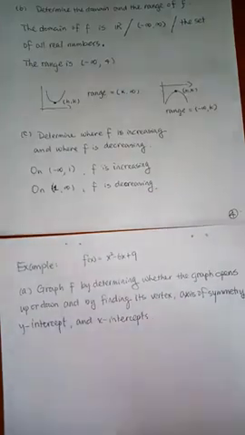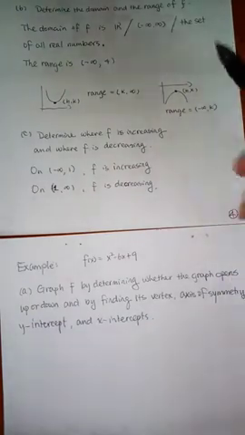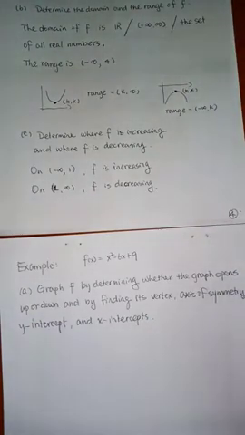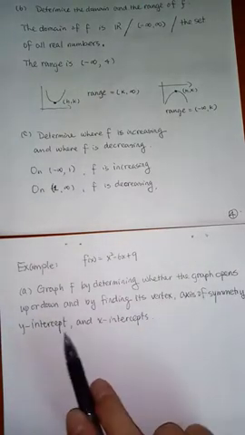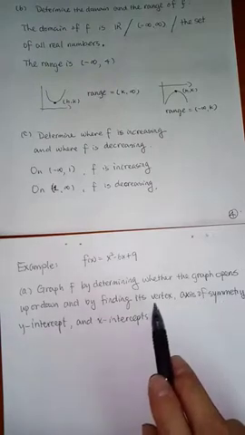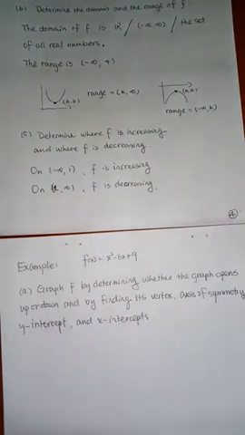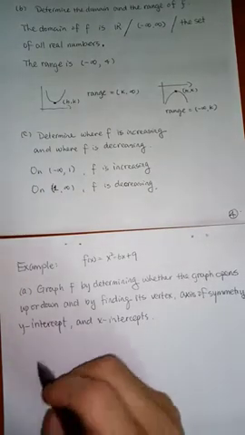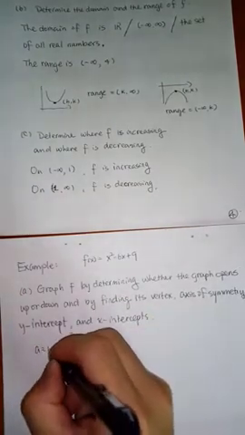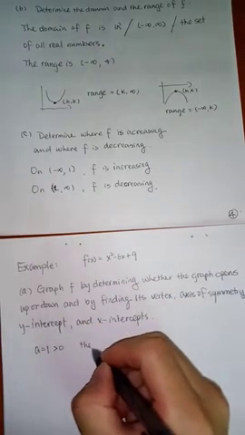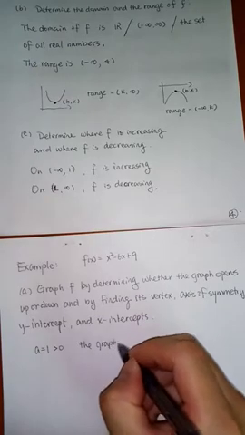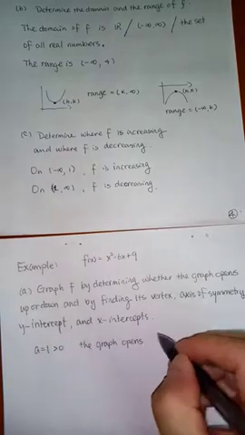Okay, so you see here it's the same. It's an identical process. We have vertex and opening, x and y intercepts. Opening, the vertex, x, y intercept, and the axis of symmetry is together with the vertex. Okay, so a is equal to 1 in this case, so it's positive. The graph opens up.